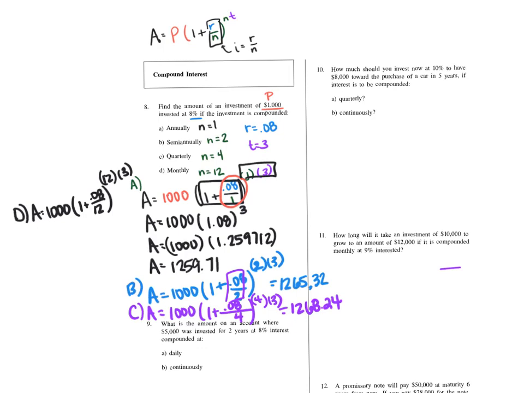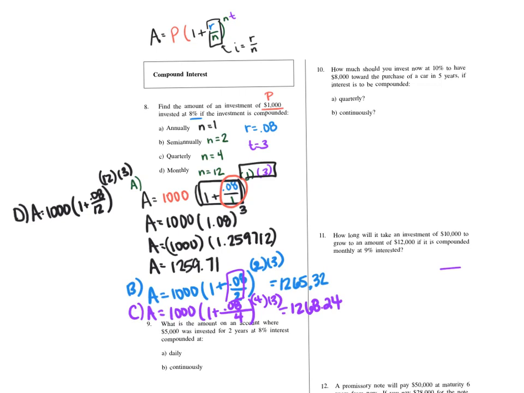So as a matter of fact, when you do 0.08 divided by 12, you get 0.00667. Add that to 1 to get 1.00667. Leave that answer in your calculator like it is. Raise that to the 12 times 3, which is 36. I get 1.270.